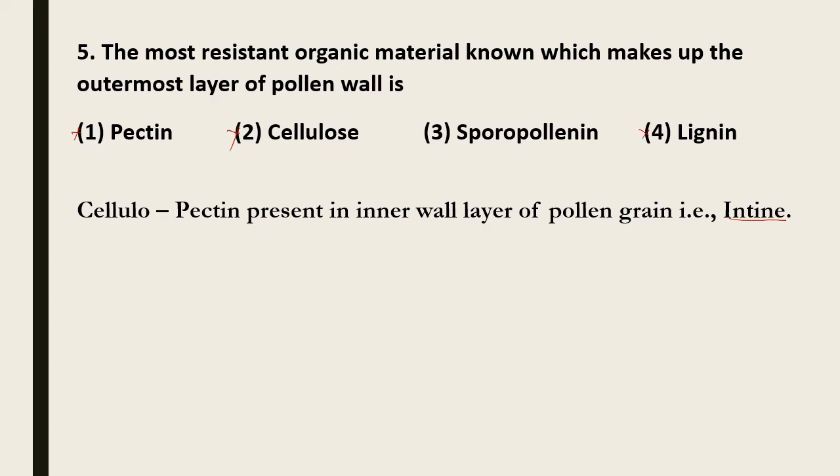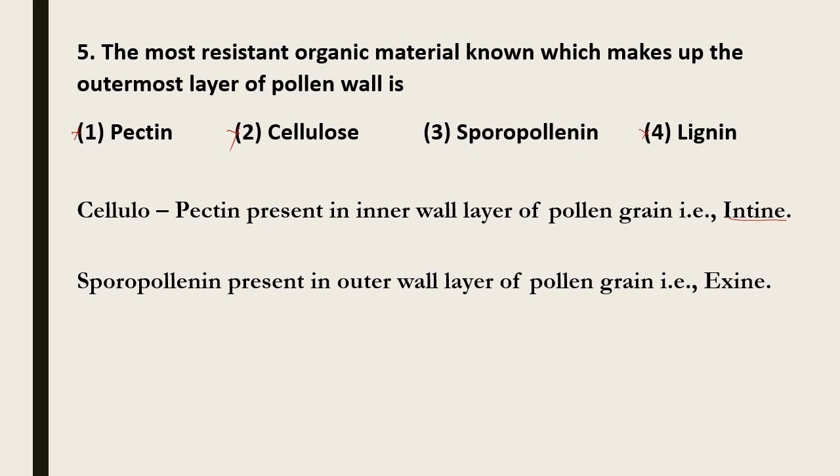Now the exine, the outer wall of the pollen grain, is made up of a substance called sporopollenin. This chemical substance is resistant.